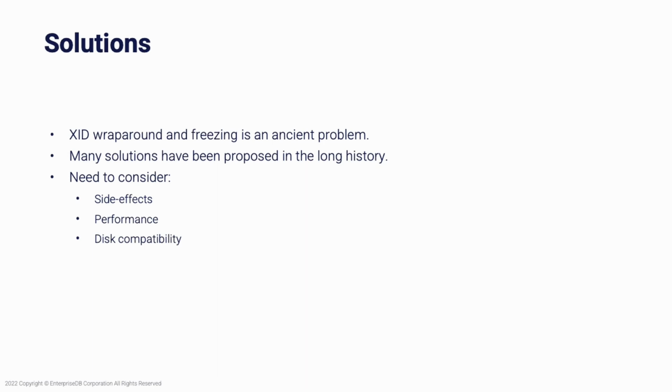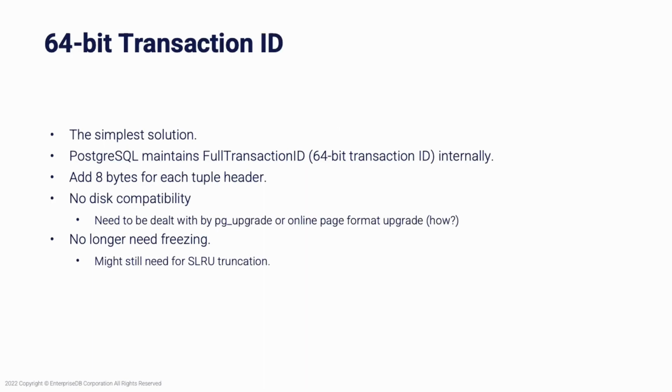So among many solutions that have been proposed so far, I'd like to show 3 solutions in this session. The first solution I'd like to explain is using a 64-bit transaction ID, which is the idea that I most often hear from Postgres users who experience the wraparound issue, asking why Postgres still uses a 32-bit transaction ID.